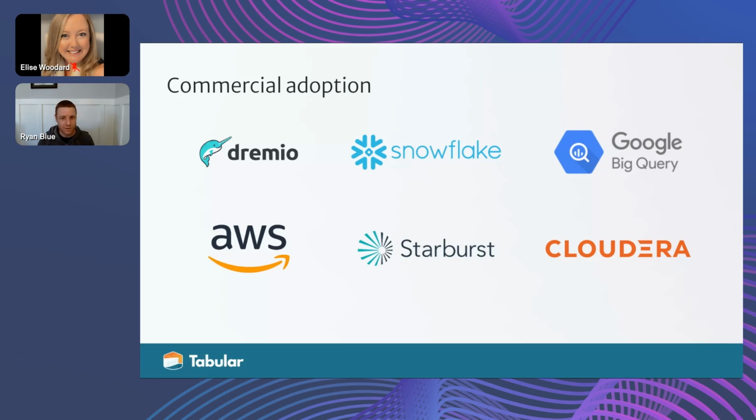So we've got Snowflake, BigQuery, AWS Athena, and EMR, Starburst, Cloudera is moving all of their customers over to Iceberg. This is really a huge vote of confidence from database vendors and database engineers and builders that Iceberg is the right format moving forward and the one that they're all betting on. And I think that is really a reflection of the amazing Iceberg community.